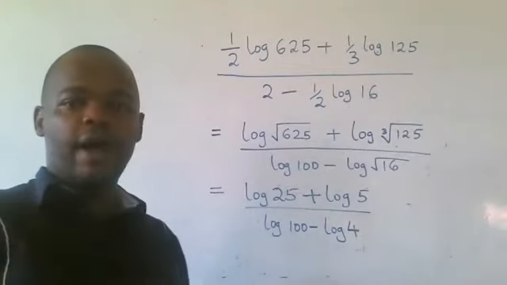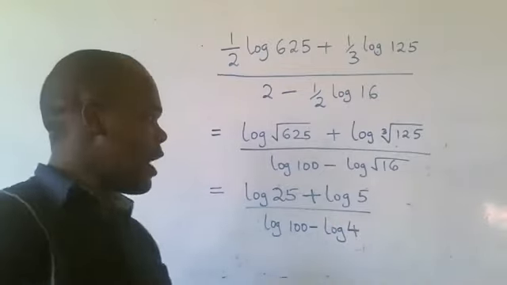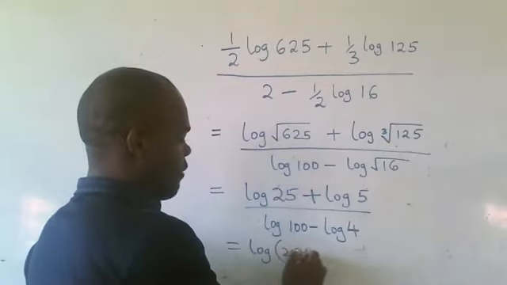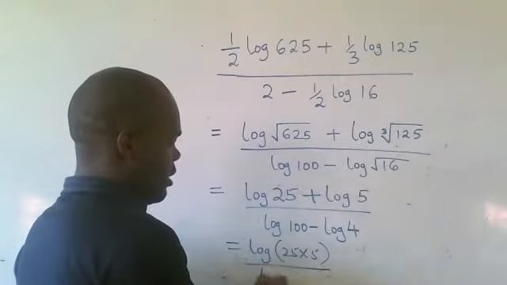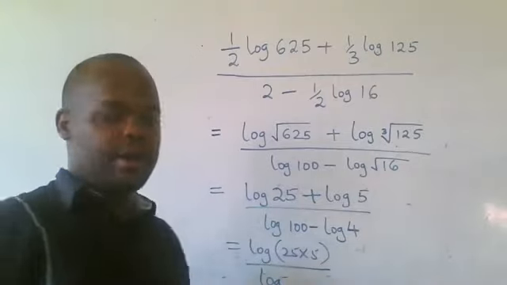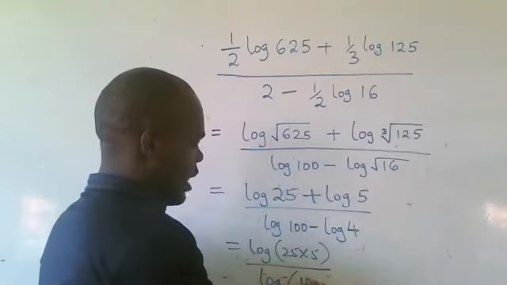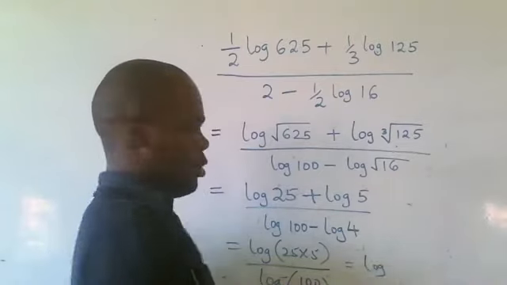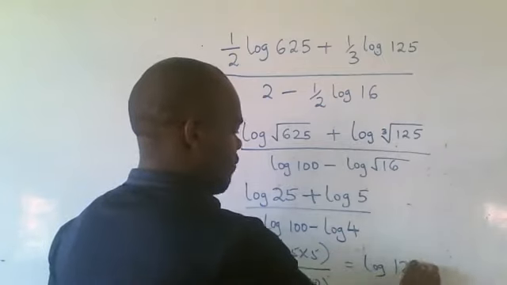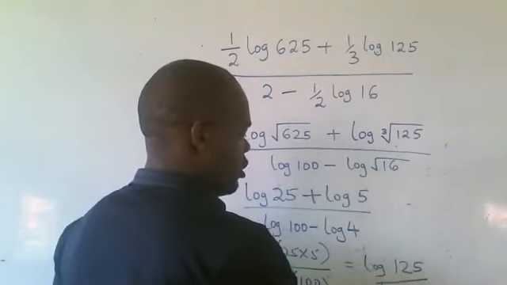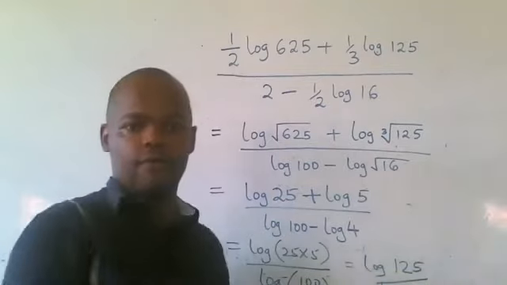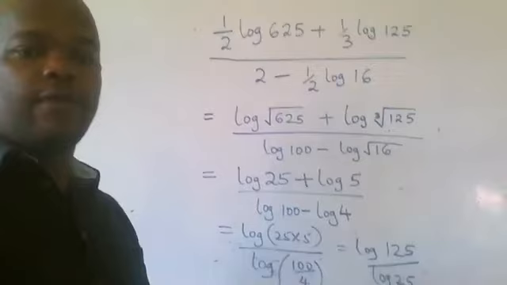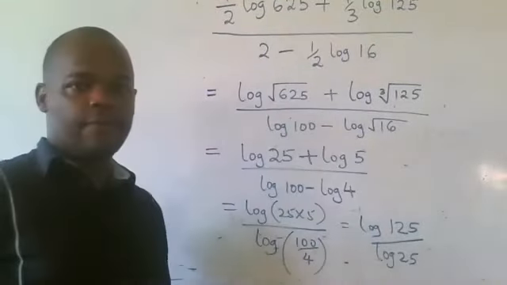So log 25 plus log 5 is the same as multiplying 25 by 5, and then log 100 minus log 4 is like taking 100 over 4, and this is log 125 over log 25.